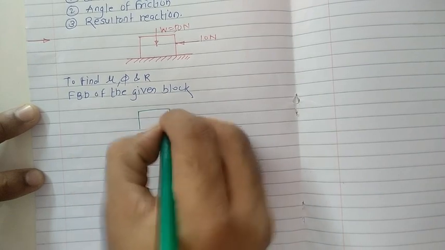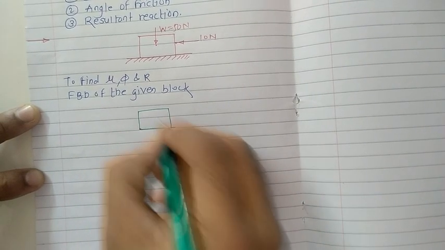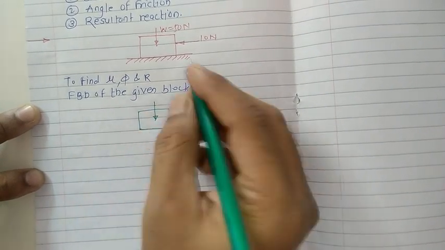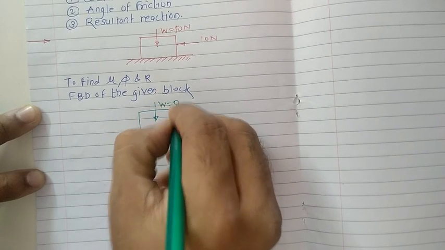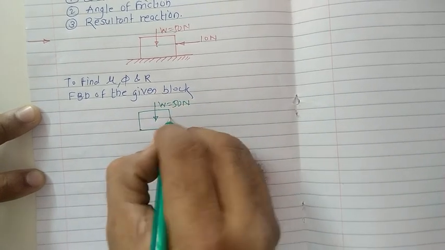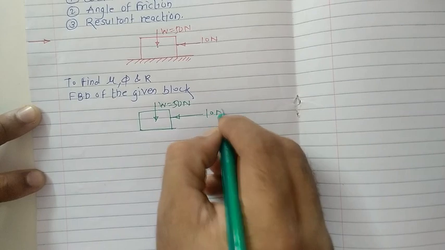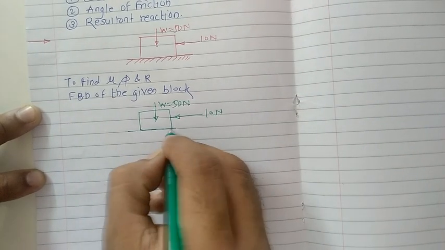This block has a weight that acts in the downward direction with a magnitude of 50 Newton. This force of 10 Newton is acting on the block towards the left side.